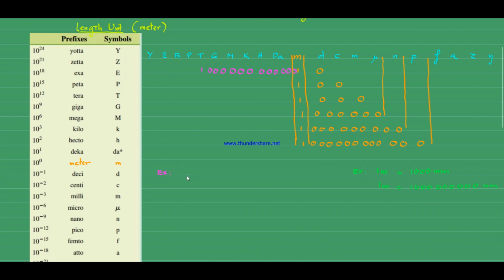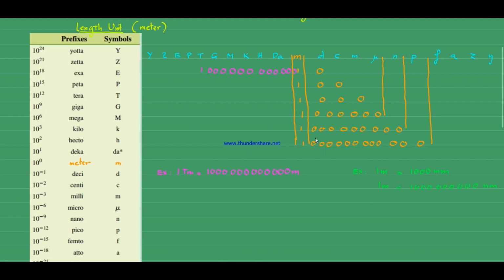And this side is the relation: 1 terameter. So the symbol is 1 terameter. Okay, terameter is equal to 1 trillion meter.